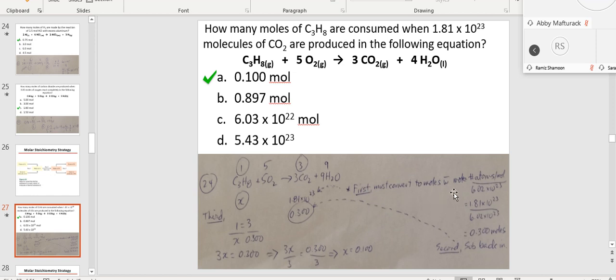Number of moles is equal to number of atoms divided by Avogadro's number: 1.81 times 10 to the 23 divided by 6.02 times 10 to the 23 gives you 0.300 moles. Now you bring that over here, and you see I circle these so I don't lose track, right? 1, 2, 3, 4. Do your box. You're done. Okay?